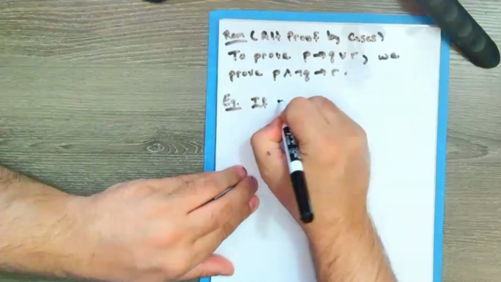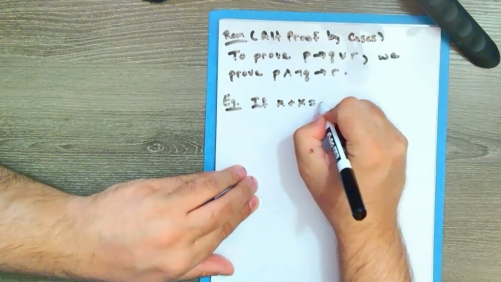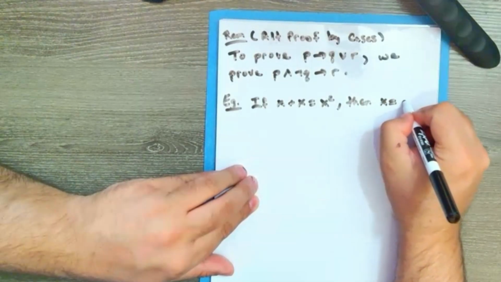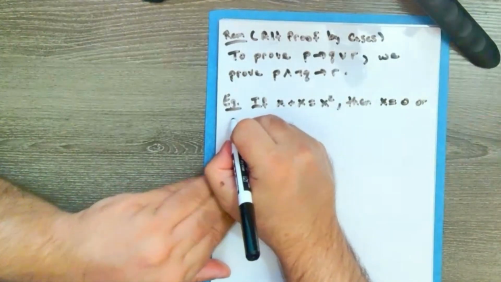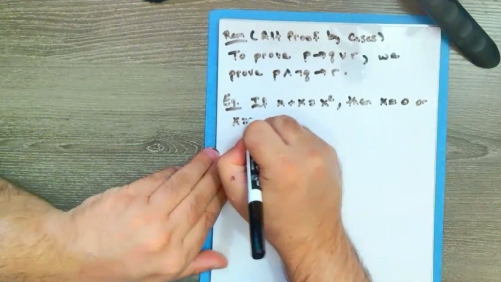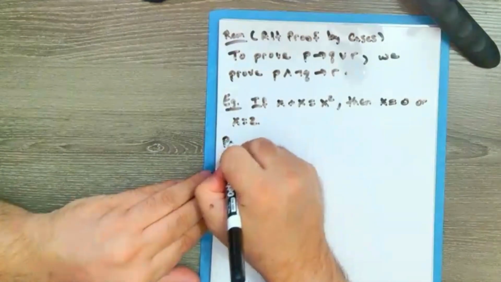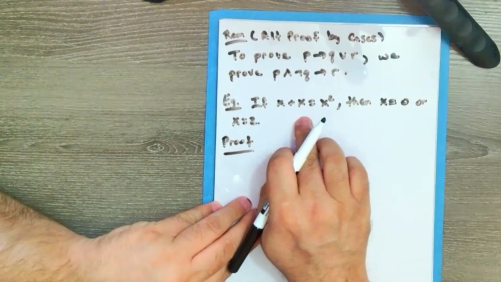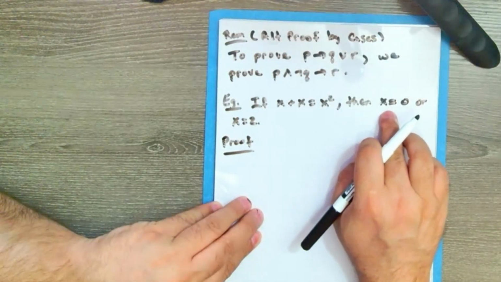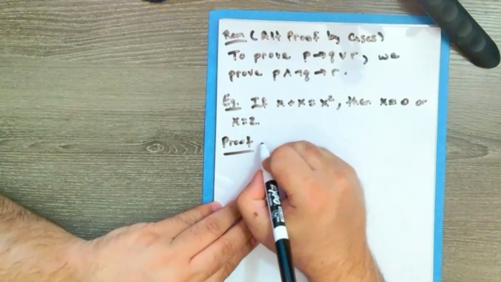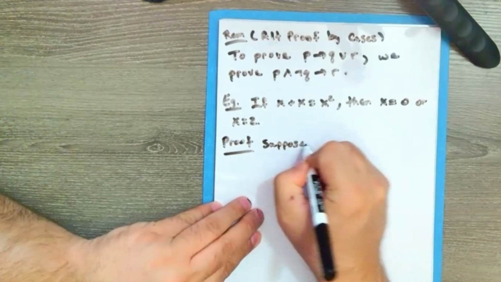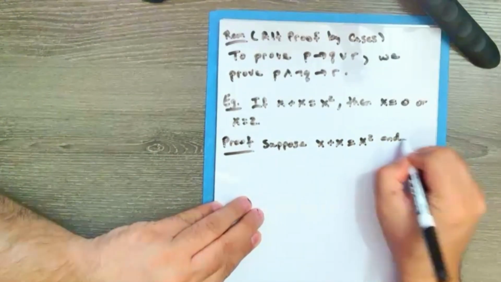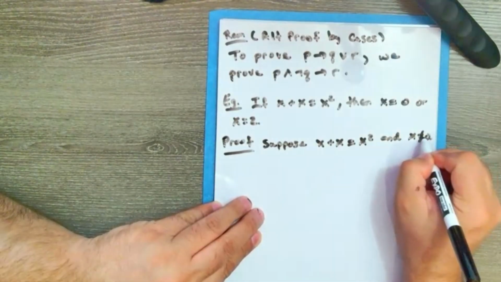If an element x plus itself is equal to its square, then either x is equal to 0 or x is equal to 2. So proof. So in the proof, we're going to assume the hypothesis and the negation of the first case. So suppose that x plus itself is equal to its square and x is not equal to 0.